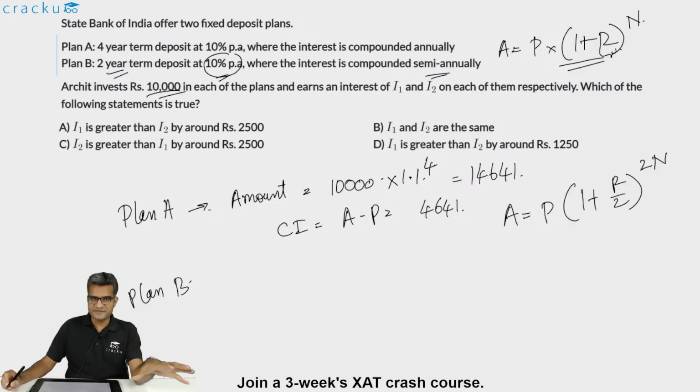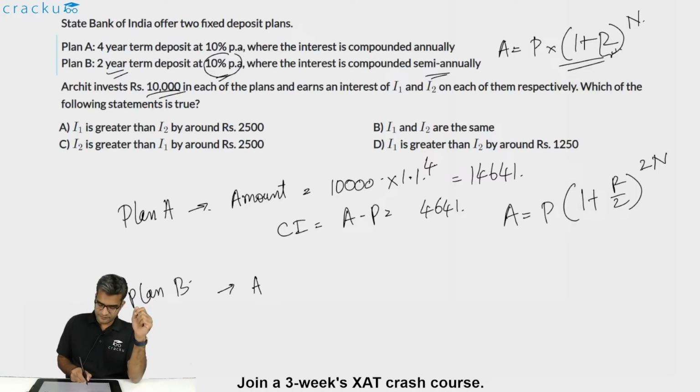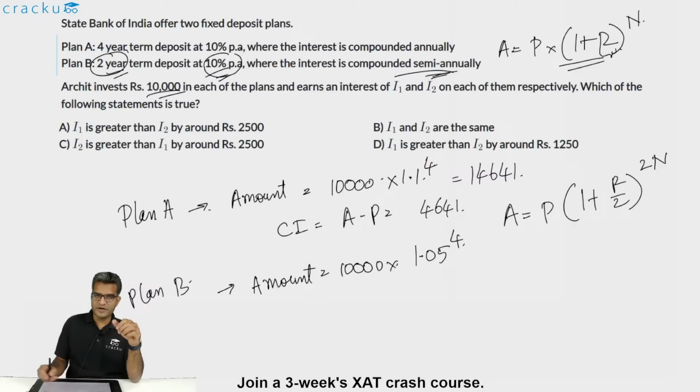Because now the interest is being compounded semi-annually, the effective rate of interest is halved and the total time period is doubled. So in this particular case, the amount will be 10,000 into, you divide the interest rate by 2, so this is 1.05, whole to the power 4, even though it is only 2 years, because it is being compounded every 6 months, that is effectively 4 time periods.